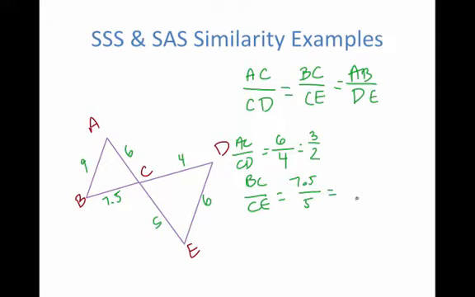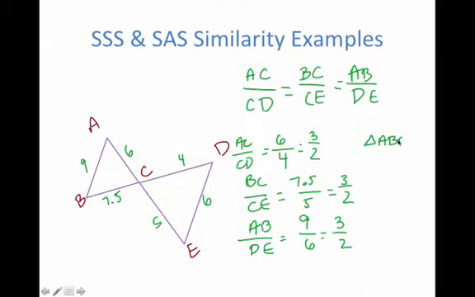And 7.5 over 5 reduces to 3 over 2. And then AB over DE is equal to 9 over 6, which reduces to 3 over 2. So all three sides are proportional to each other, and so that means that triangle ABC is similar to triangle DEC.